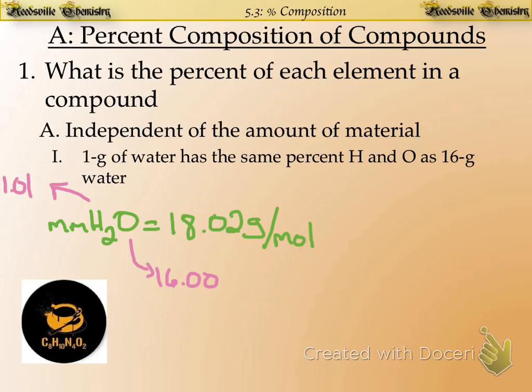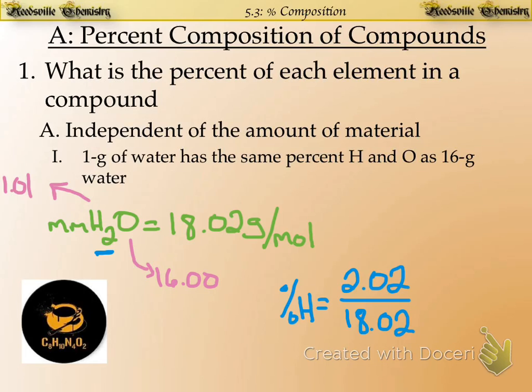Now, if I wanted to ask the question, well, what is the percentage of hydrogen in that particular sample, I would just do the following. I would take the molar mass of hydrogen, which in this case is 2.02. It's that because there are 2 hydrogen atoms in this molecule. 2.02 divided by the total molar mass of 18.02.